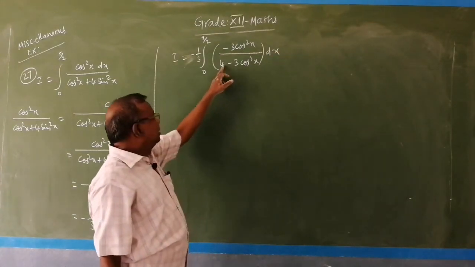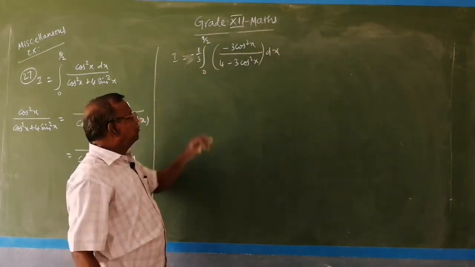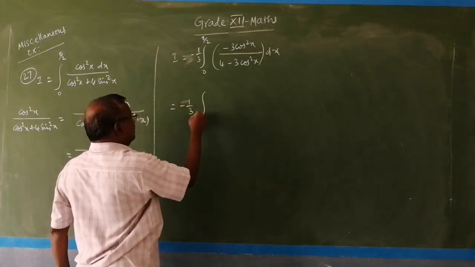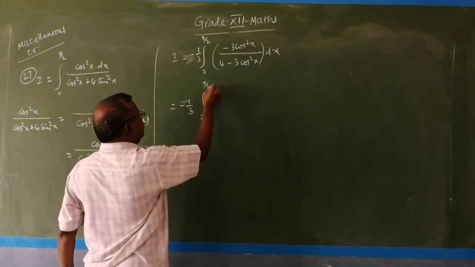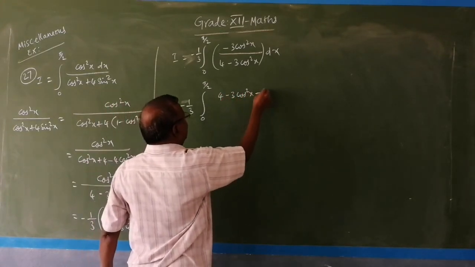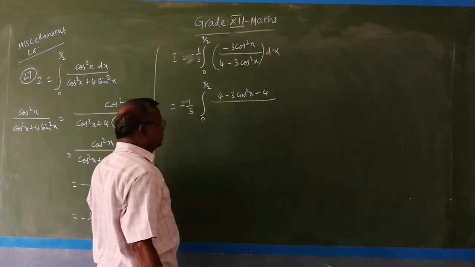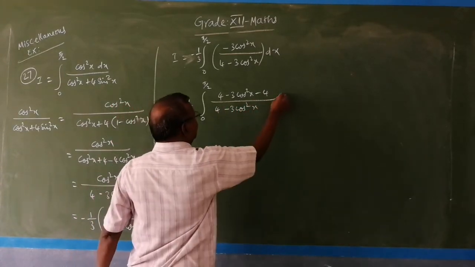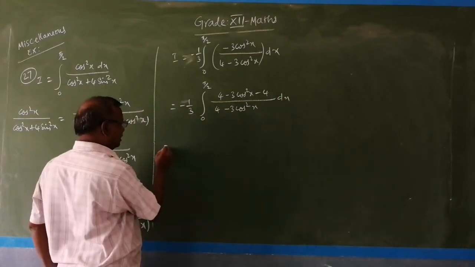Here in the denominator we have 4, so add 4 and subtract 4 in the numerator, that is equal to minus 1 by 3 integral 0 to pi by 2 of 4 minus 3 cos square x minus 4 divided by 4 minus 3 cos square x into dx. Now separate this.